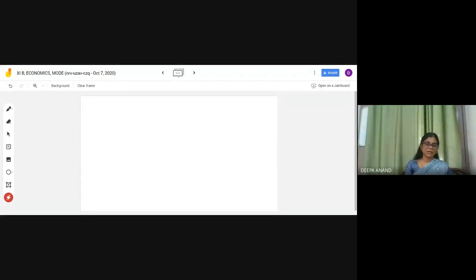Aditi said it more technically, but in more simple words, it is the addition to total cost when one unit is increased. When you are producing the second unit, suppose the total cost is 25. In the fourth, if it is 28, 3 is the marginal cost. That means what is the increase when you produce one additional unit.